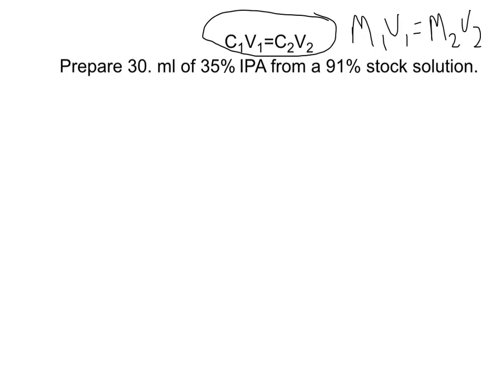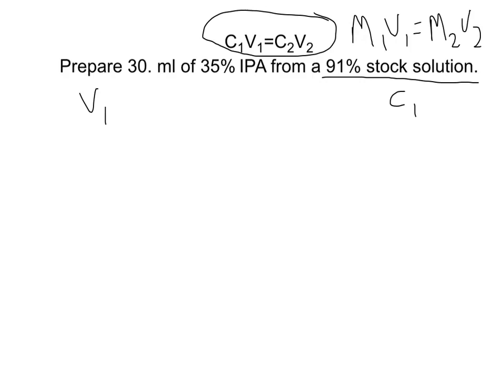So, I have here that I want to prepare 30 milliliters of a 35% isopropanol solution from 91% stock solution. Okay, so clearly what I need to do here is I need to find out what volume of this stock solution I need. So I want to find V1. If I call this C1, that's the concentration of my stock solution.